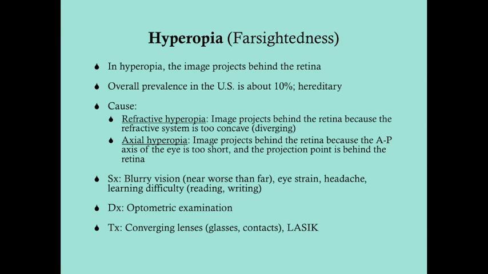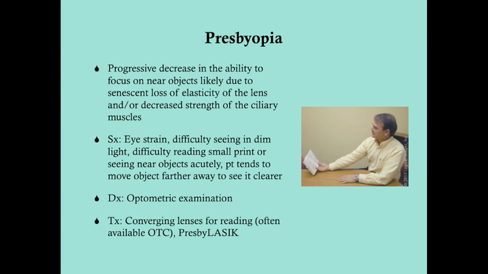Okay, presbyopia. So remember when I talked about that ciliary muscle, which is responsible for making the lens more convex, which allows us to see things closer. In order to make your lens more convex, the lens needs to be fluid.